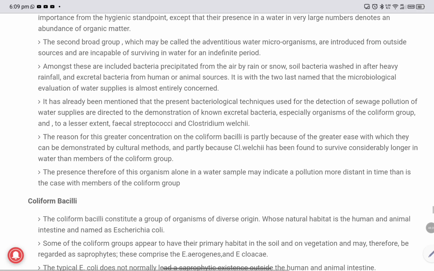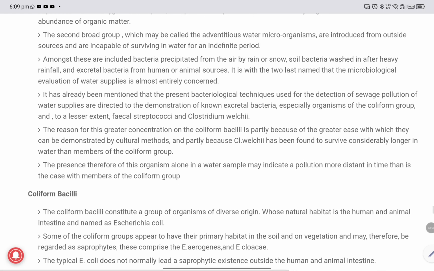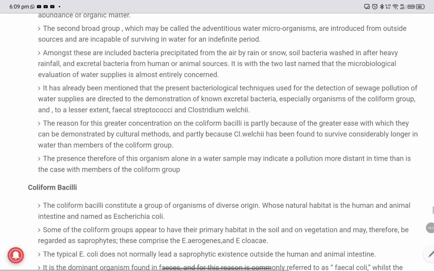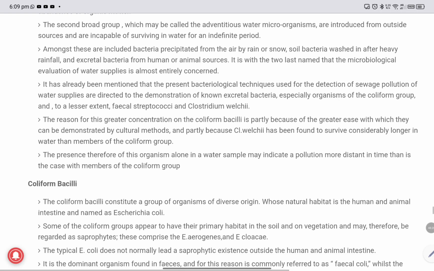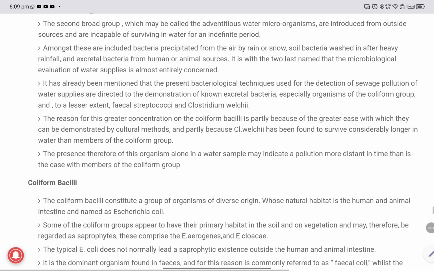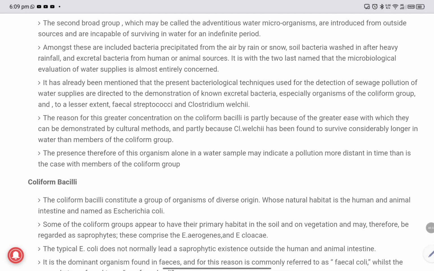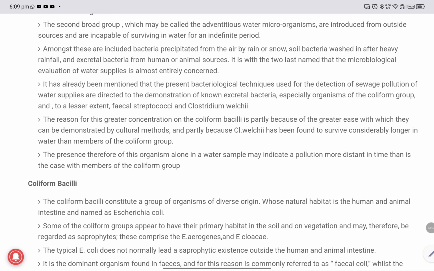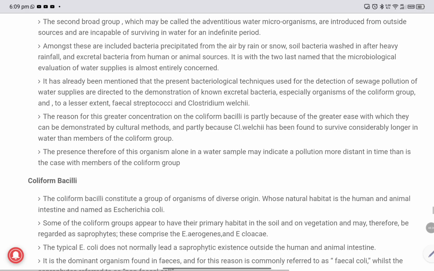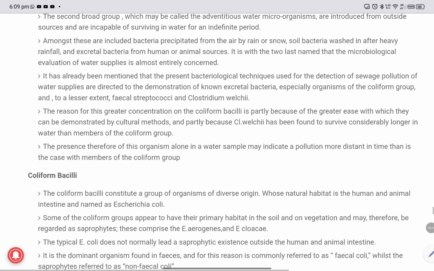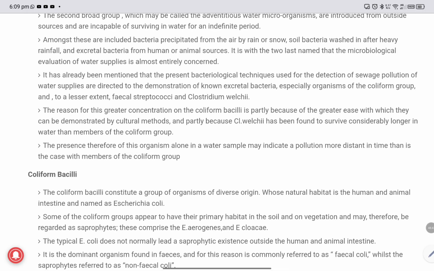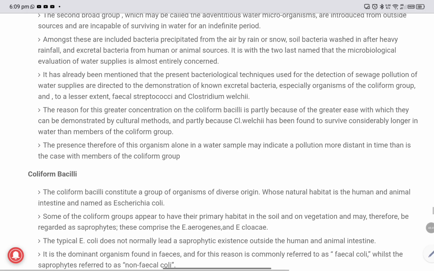Amongst these are included bacteria precipitated from the air by rain or snow, soil bacteria washed in after heavy rainfall, and excretal bacteria from human or animal sources. It is with the two last named that the microbiological evaluation of water supplies is almost entirely concerned.